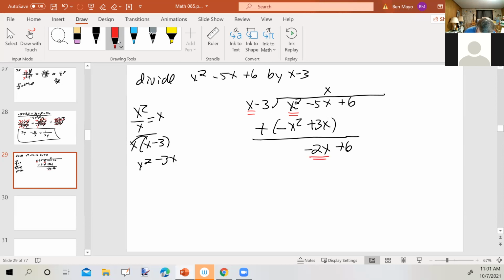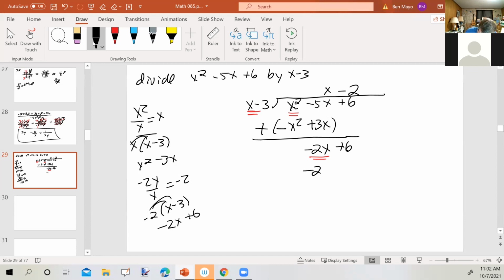Take the leading term inside divided by the leading term outside. Negative 2x divided by x is negative 2. So we put minus 2 up there in the next column over. Negative 2 times x minus 3, negative 2x plus 6, which we write up here.